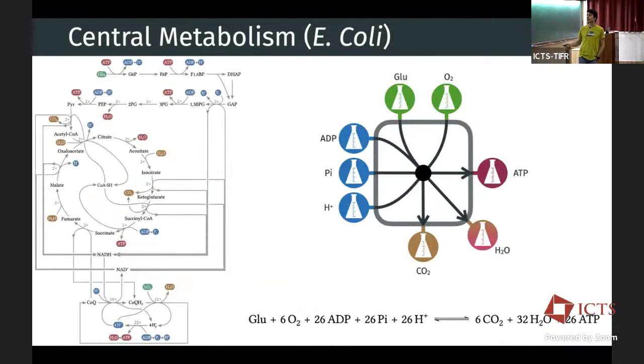But if we put everything together, we have one effective reaction for glycolysis, one for the TCA cycle, and two effective reactions for the electron transport chain. If we now consider these effective reactions and only look at the interconversion of the exchange species, we end up with just one effective reaction.